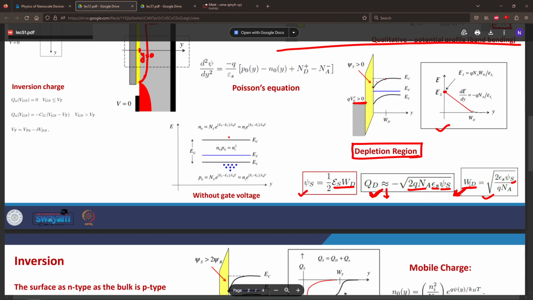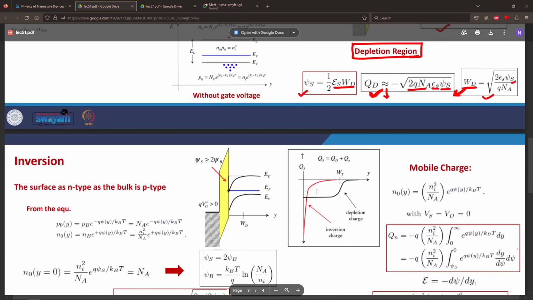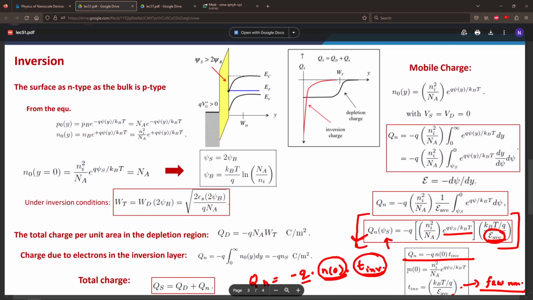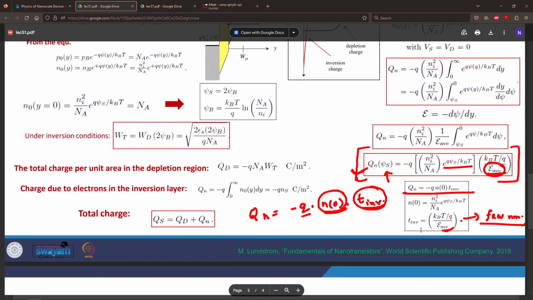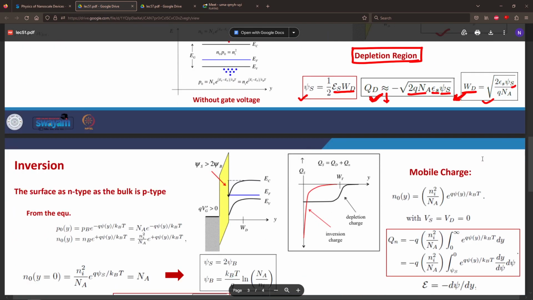For the numerical problems that you will encounter, I'm sure when you solve the assignment you might have noticed this. The only things that you have to use are essentially the depletion layer width, the surface potential, and the corresponding relationship between the inversion layer thickness and the depletion width.